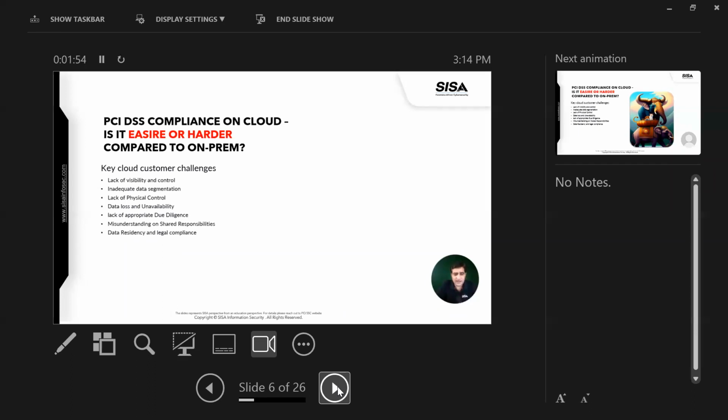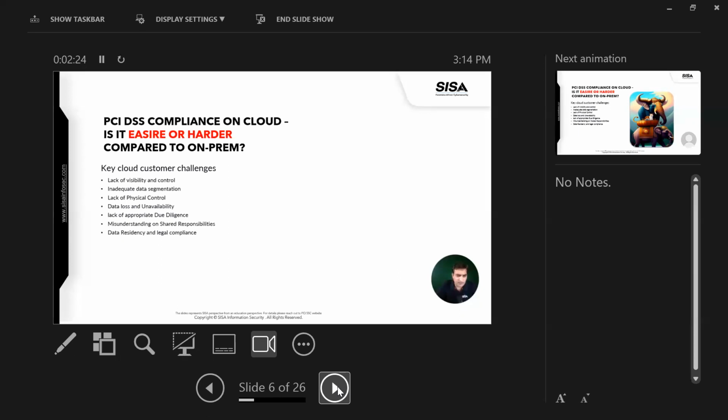And then misunderstanding shared responsibility. I see this problem very prevalent across the industry, that many cloud customers are not able to understand the shared responsibility model. We are going to talk about that a little bit more in detail. And then data resiliency, residency and legal compliance can be a big challenge, with data sovereignty and data localization in place.